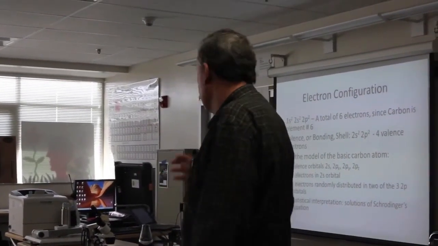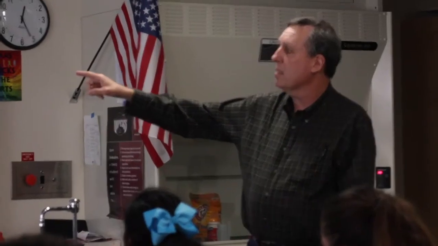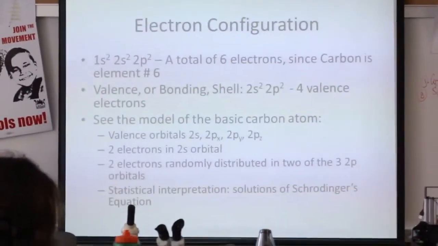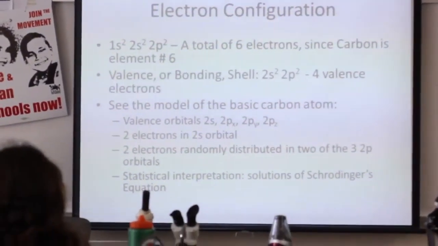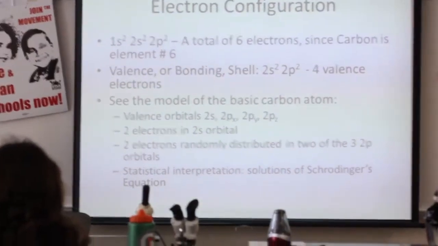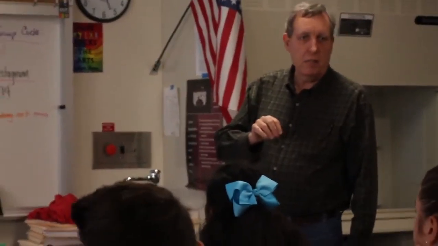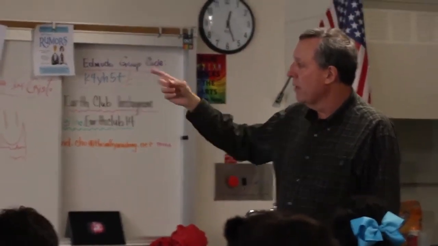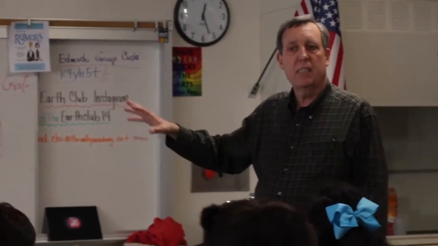But to cut to the chase, here's the idea. The electron configuration of carbon, showing that there are 6 electrons, is 1s2, 2s2, 2p2. Right? That's what's known as the ground state, or lowest energy level, of carbon atoms. Now, as far as bonding is concerned, the most important part of that electron configuration is the last part of it.